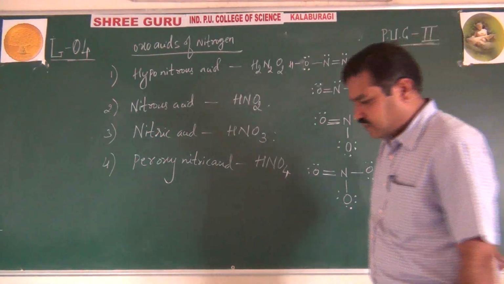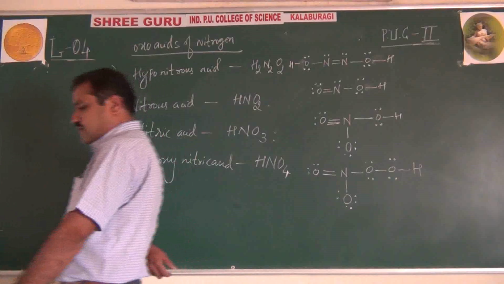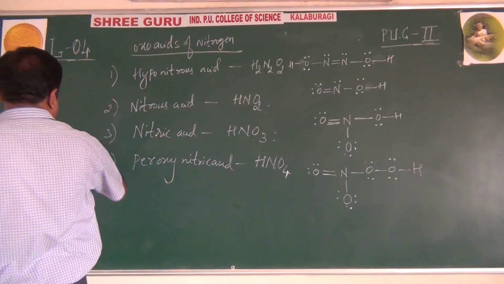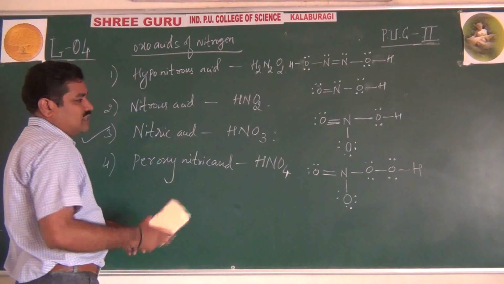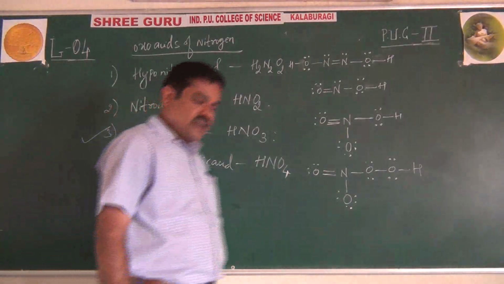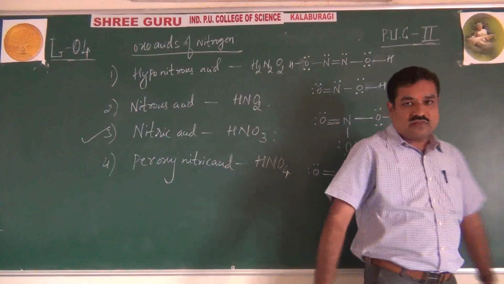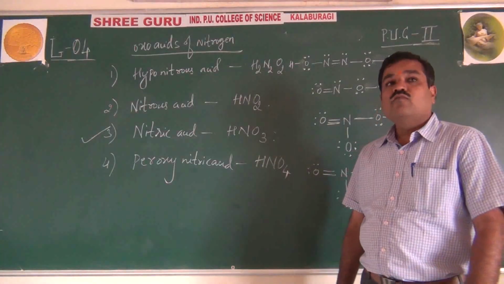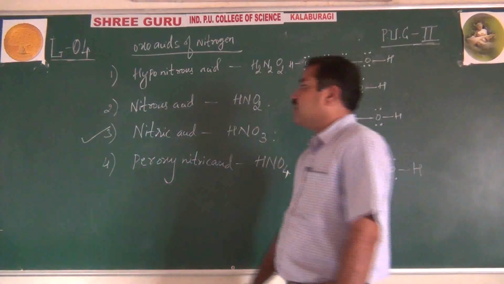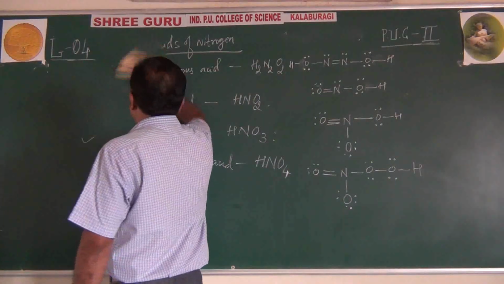Our aim is to study nitric acid in detail, not this. But these are important for CET and NEET purpose. That's why I discussed the Lewis dot structures with you. So, not wasting much time.